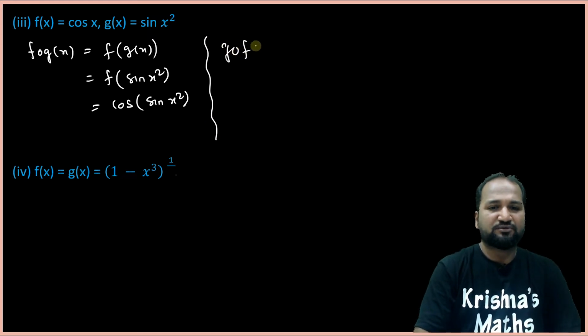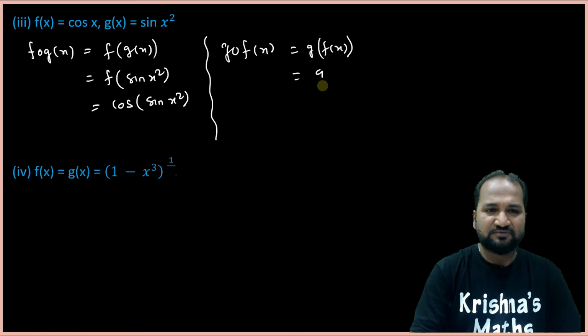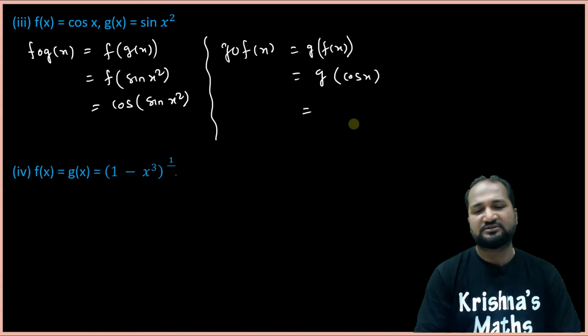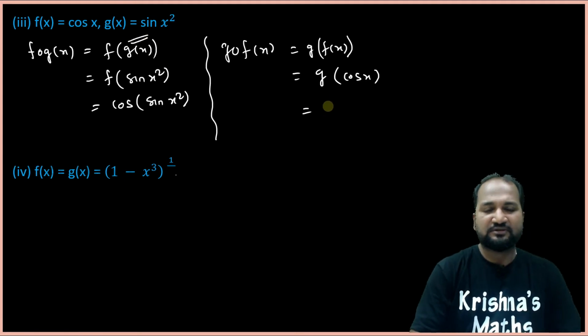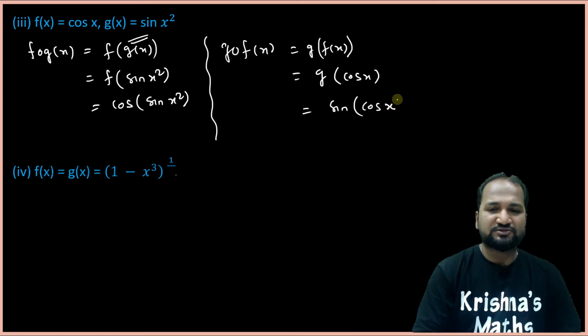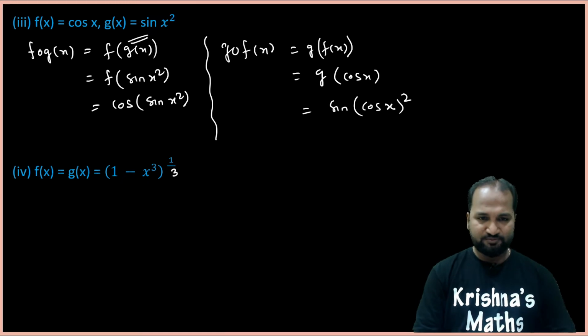Now g of f of x is g of cos x. Since g of x is sin of x square, and x is replaced by cos x, we get sin of cos x square.